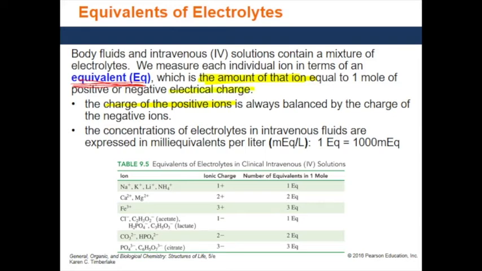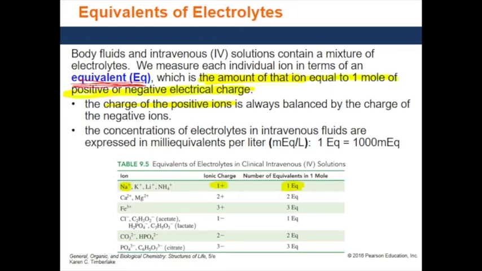For instance, if we talk about sodium ion, one sodium ion carries a charge of +1. So its ionic charge is 1, meaning the number of equivalents it will produce in 1 mole would be 1 equivalent. So 1 equivalent is the amount of ion equal to 1 mole of positive or negative charge.